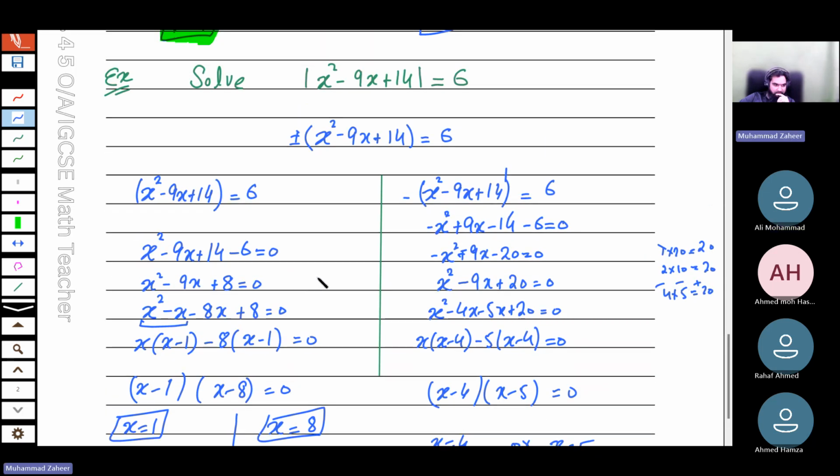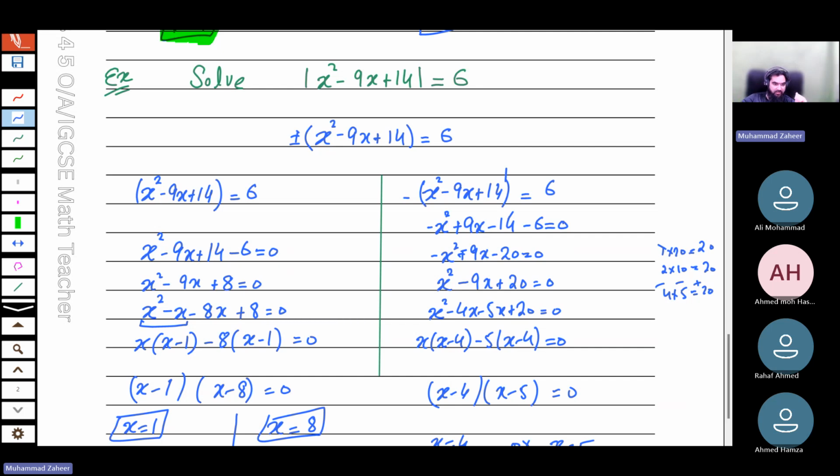Rahaf Ahmed and Ahmed Muhammad, do you have an idea how to solve quadratic inequalities?